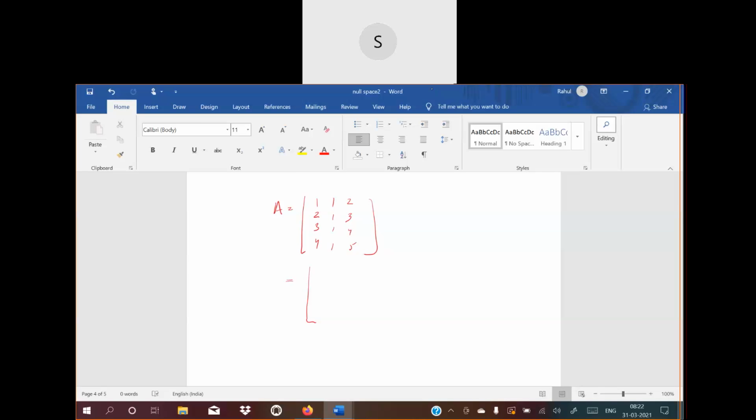Row 1 will be 1, 1, 2. Okay, first you tell me the row reduced echelon form. No, ma'am, I'll have to recompute it. Sorry.